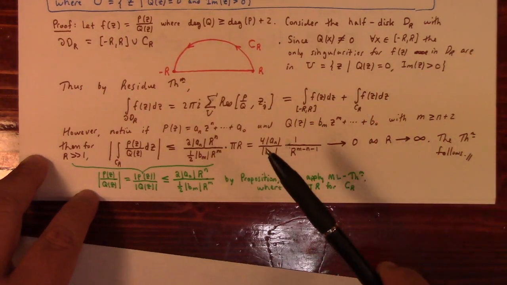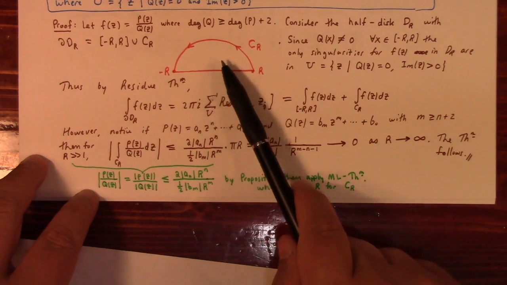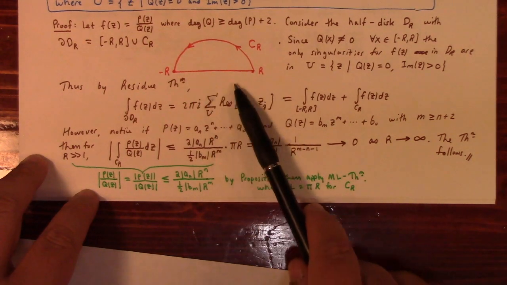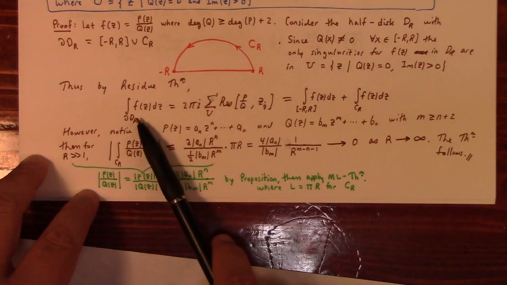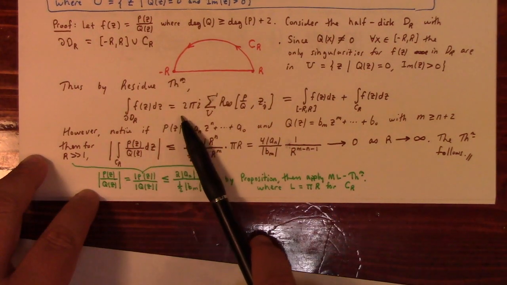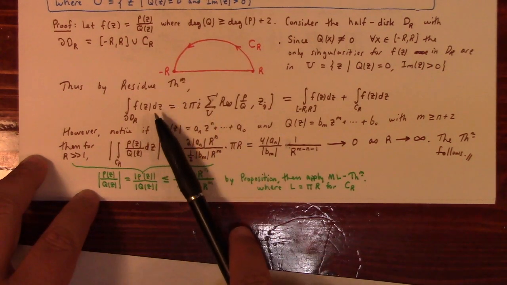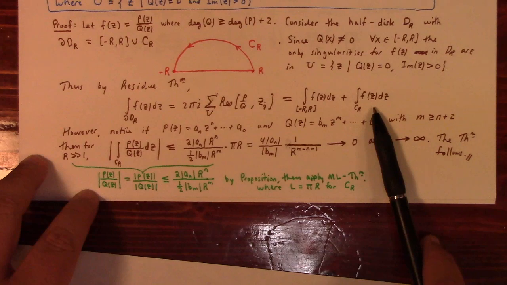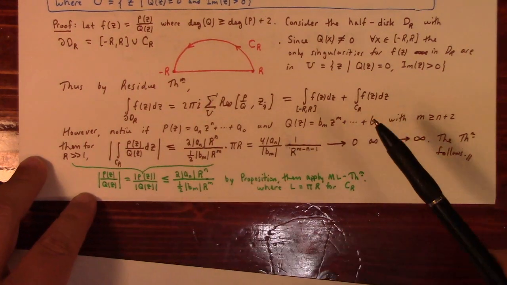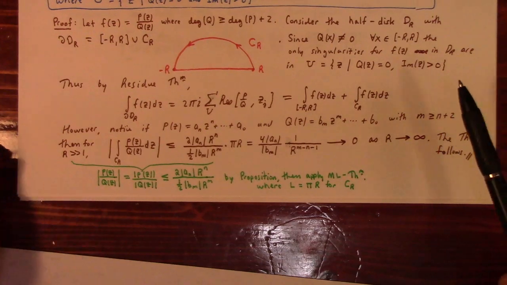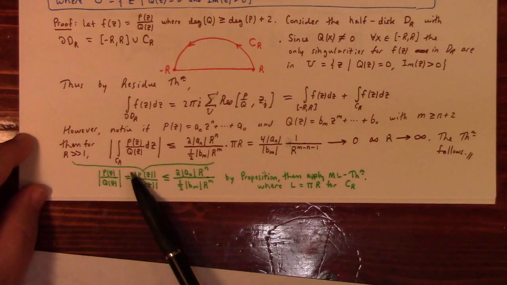And all the singularities that fit in there are just the ones with positive imaginary part, because any singularities below the real axis are not included in that region, right? And so the residue theorem gives us that the integral over the boundary is 2 pi i times the sum of the residues. But on the other hand, the boundary is the integral from minus r to r plus the integral over C_R. But the thing is, the integral over the half circle, we can bound using the proposition right there, right?